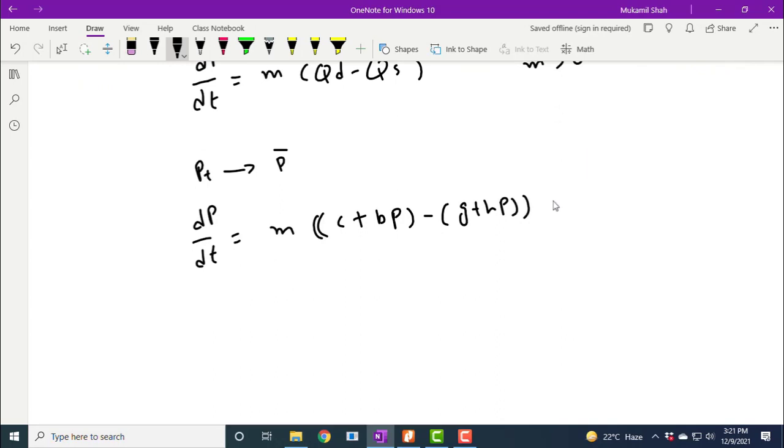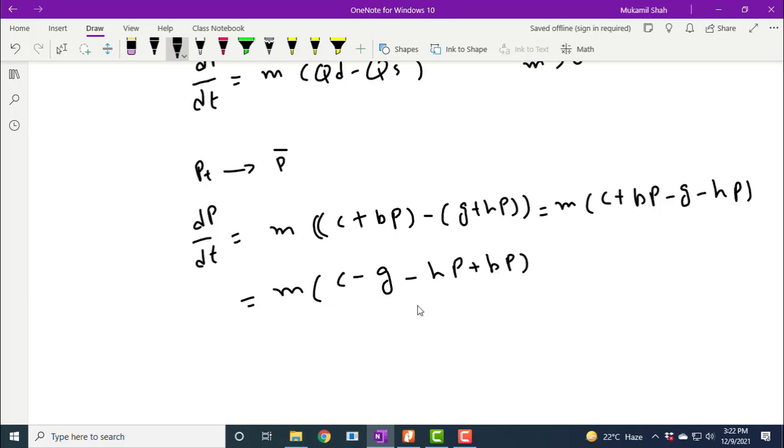If we further simplify this, it is equal to M times C plus BP minus G minus HP, or we can also rearrange it as M times C minus G minus HP plus BP, or if we further simplify, then this is equal to M times C minus G minus M times, if we take P common, H minus B into P. This is equal to change in P due to change in time.